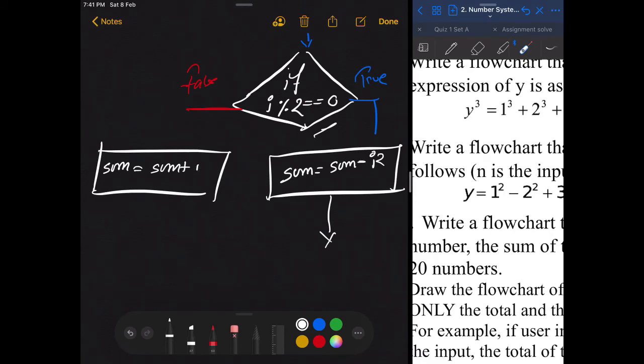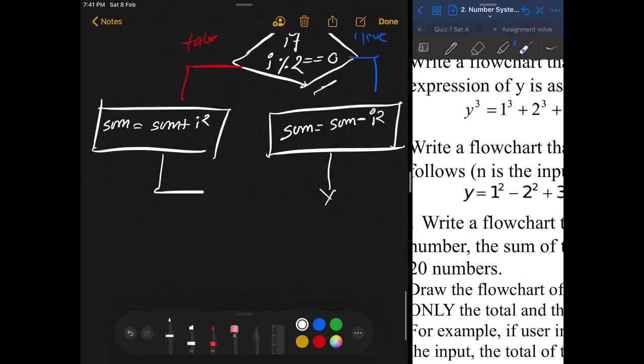Sum equals sum minus I square, because for the odd numbers we are adding them, and for the even numbers we are subtracting them. This is for the false case, and all of these cases sum up to a connector point.